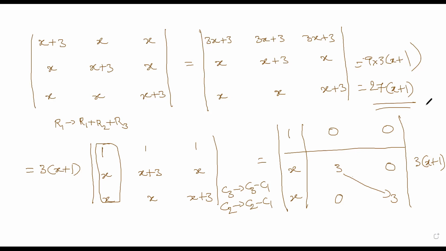This is one of the best ways of solving the problem. Or you can try to get the zeros and then evaluate the same, and you will get the same answer. But one of the best methods is to pick a common factor, then get the ones and then hit them. That is the best method.